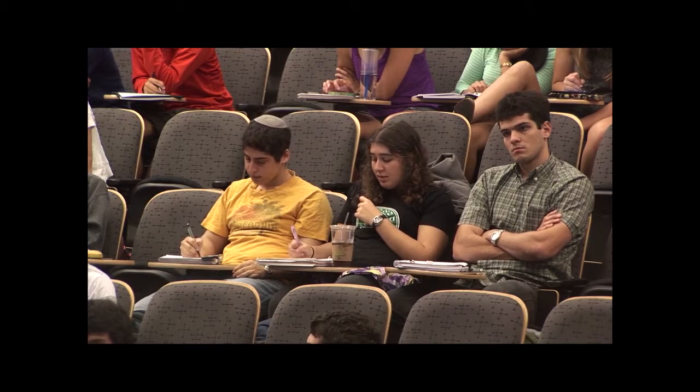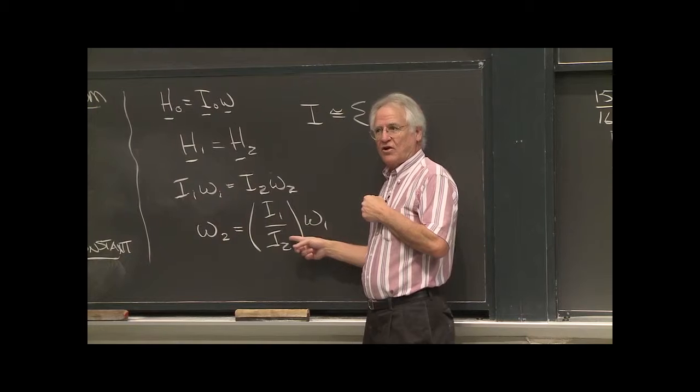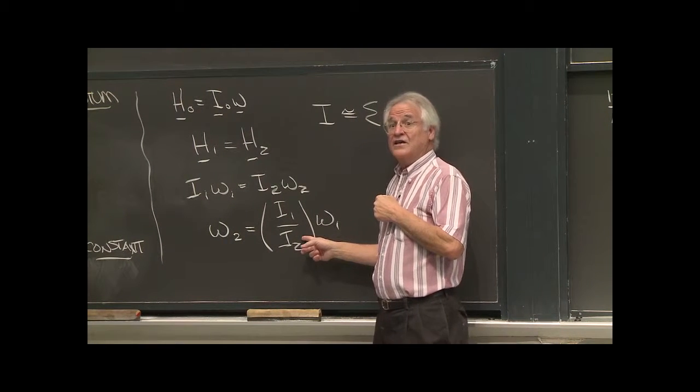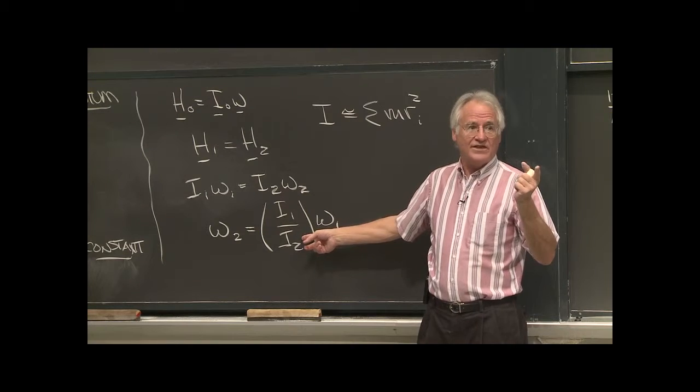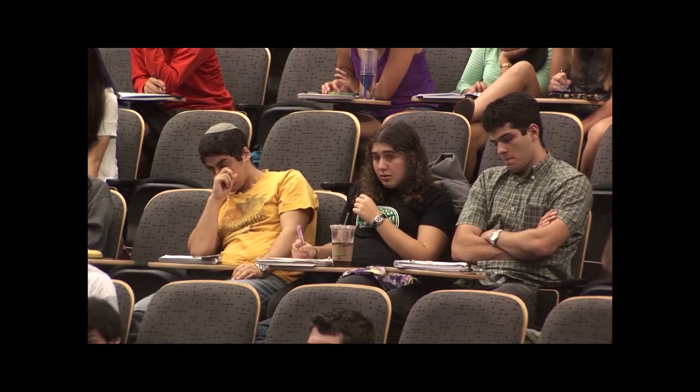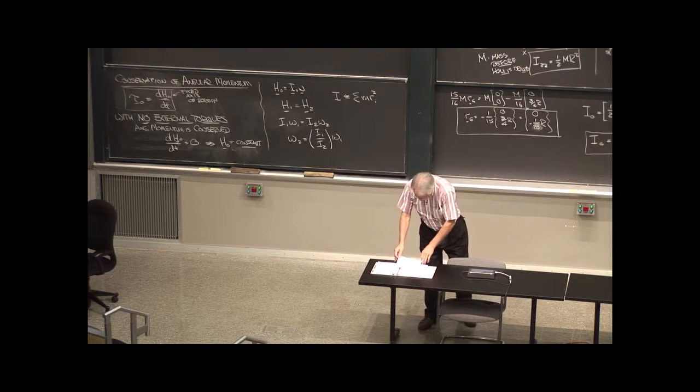Larger when your arms are out, smaller when your arms are in. So the angular velocity after pulling your arms in is larger. All righty? Everybody got it? That is that. Okay.